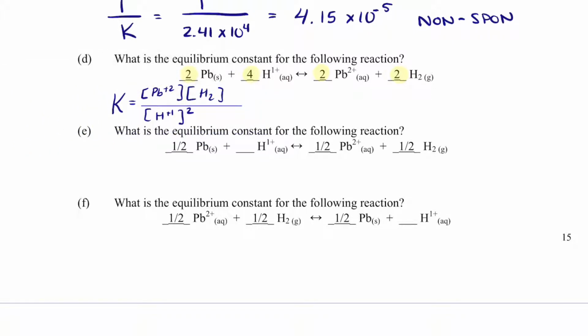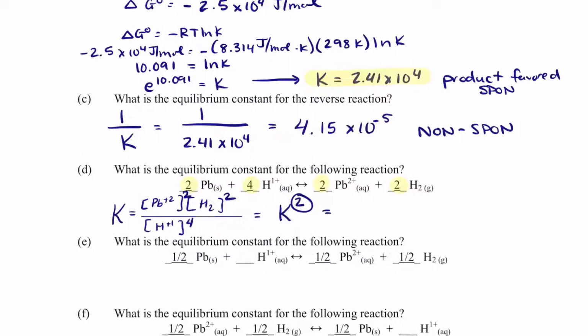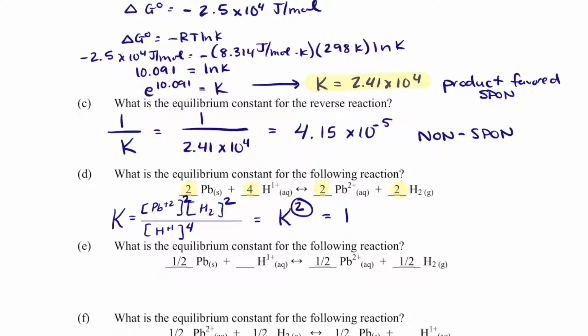And what I know now is that my Pb plus 2 is now to the second power, my hydrogen is to the second power, and my hydrogen ion is to the fourth power. So basically what I have done is I've just squared everything. So if I double my coefficients, I'm going to double my exponent of K. And so I'm going to take my original K, which is 2.41 times 10 to the fourth, and I'm going to square it.